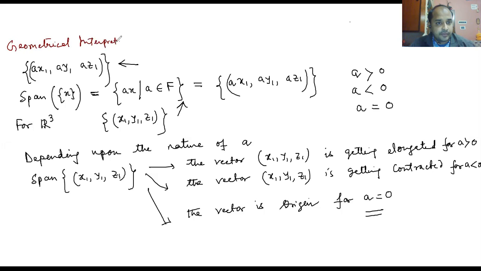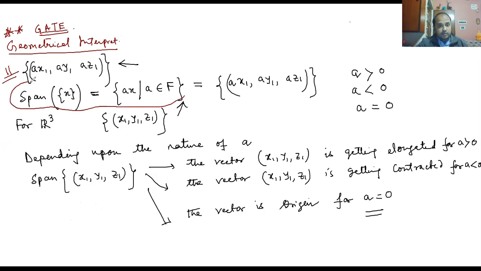Okay. So I have actually solved problem number 11 for you, and I have given the geometrical interpretation also, and this is a very important problem with respect to GATE. These are very beautiful problems, where they have asked you to geometrically interpret what this means with respect to R3.